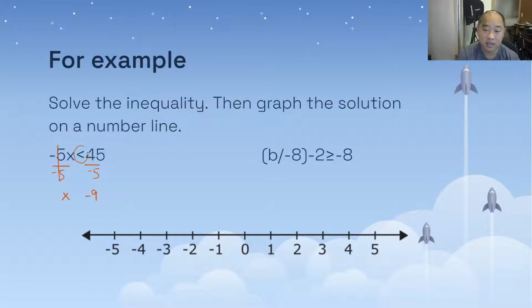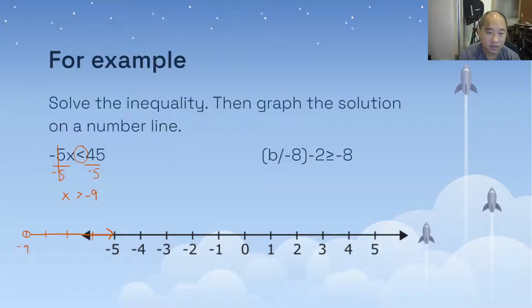And then this sign here would get flipped. And then we're going to graph. Okay, so negative 9 is way off my number line. I should have thought about this a little bit better. 6, 7, 8, 9, negative 9. And so this is going to be an open circle. And then we're just going to extend it this way. Just like that. Look how straight that line is. You guys proud of me?